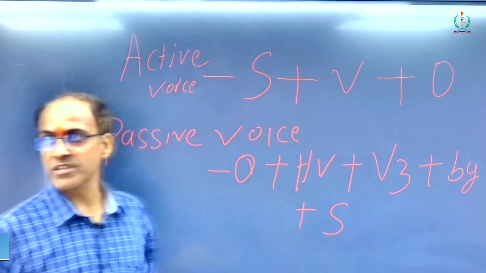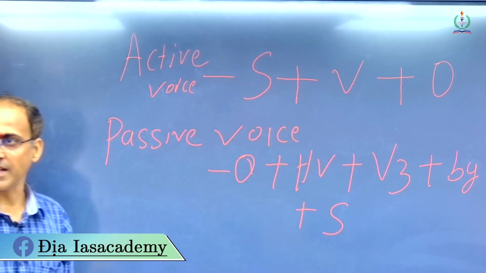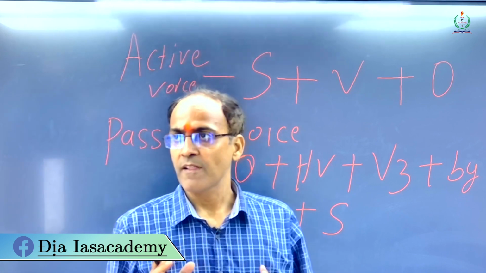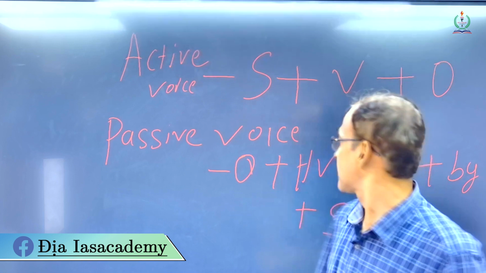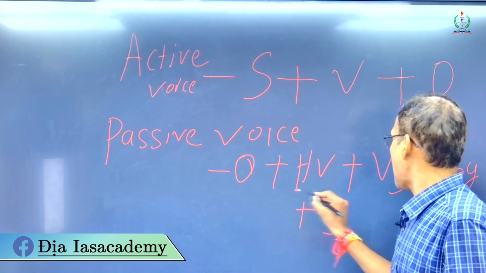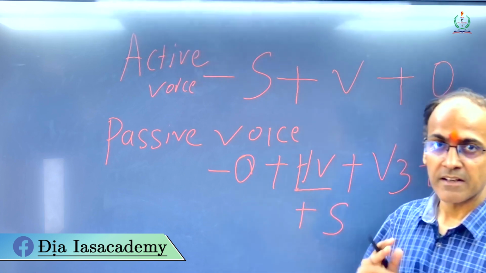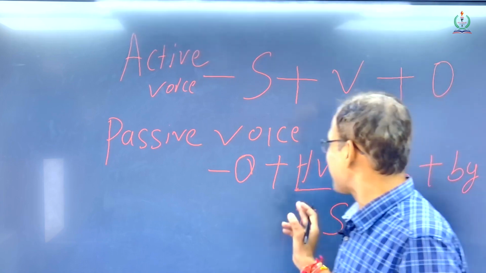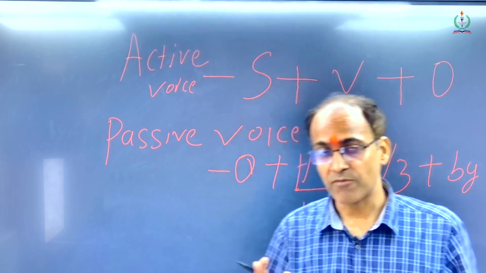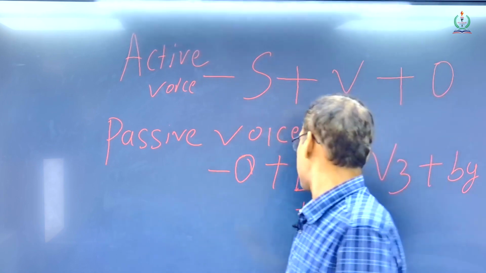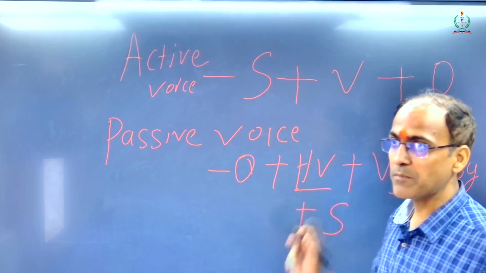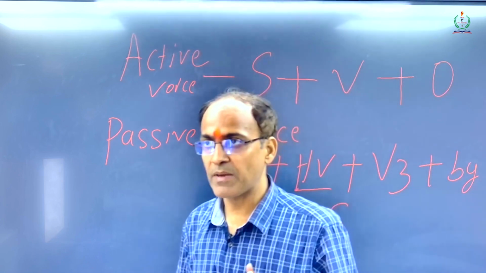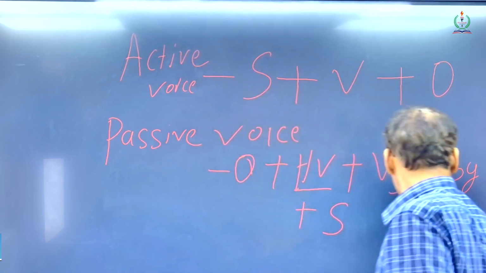That's the whole structure of a passive voice sentence. Active voice is subject plus verb plus object, and passive voice is object plus helping verb, and this helping verb's tense depends upon the tense of the verb in active voice, plus V3 plus by plus subject. So this was all the basics that we had discussed in the last class.